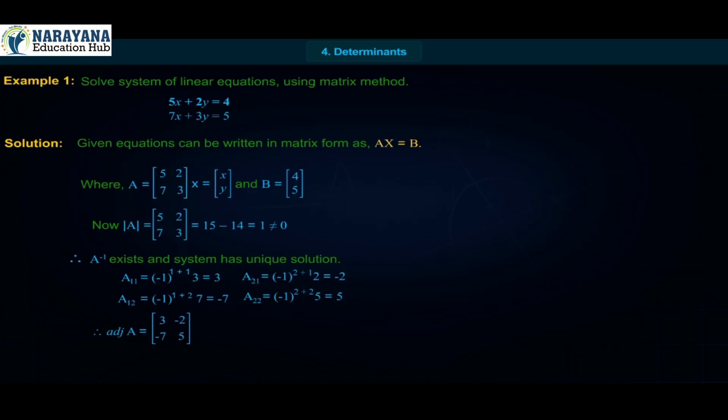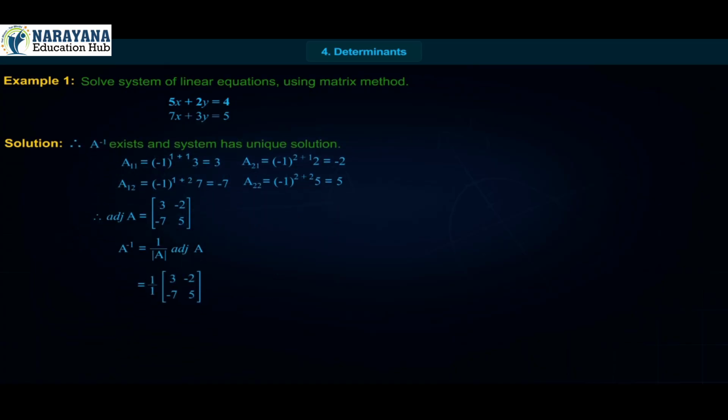Therefore, adjoint A is the matrix [3, -2; -7, 5]. A inverse = 1 upon determinant of A into adjoint A = 1 upon 1 into the matrix [3, -2; -7, 5], which is the matrix [3, -2; -7, 5].